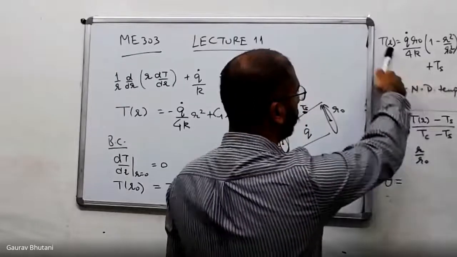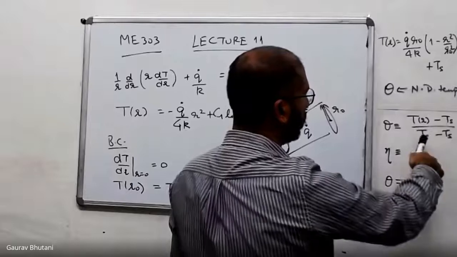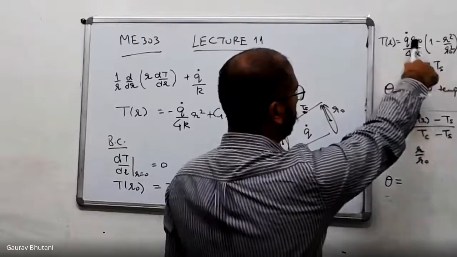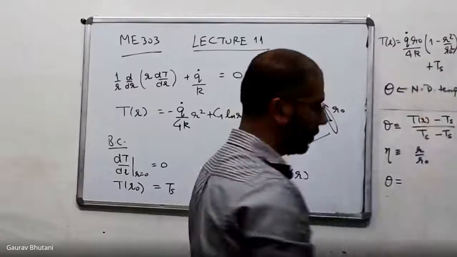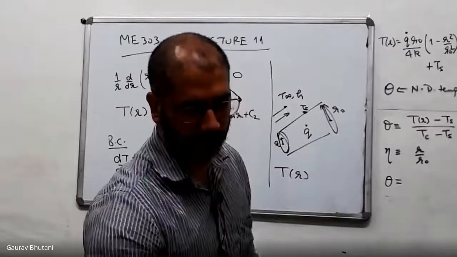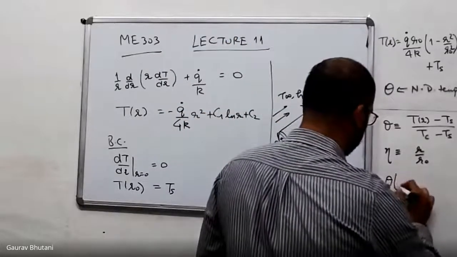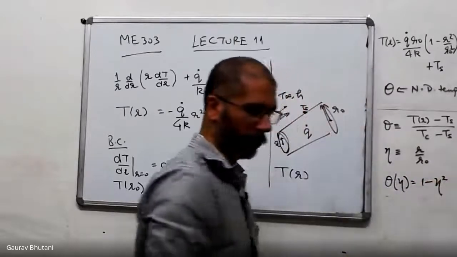So if I do Tr minus Ts, and then I divide that by, so I have to find Tc here. So if I put R equals 0, then I get Q dot R naught plus 4K. So you can quickly do that, but what you see is you get this theta as a function of eta is simply 1 minus eta squared.